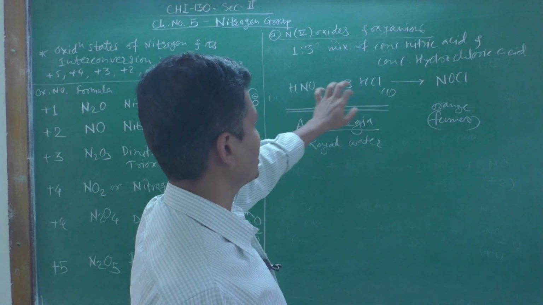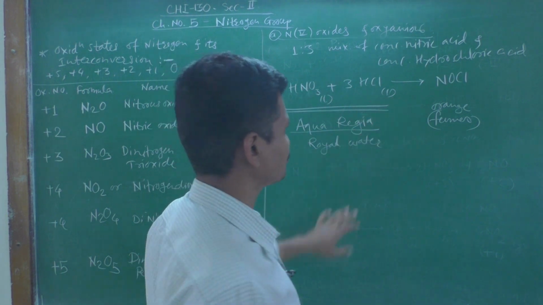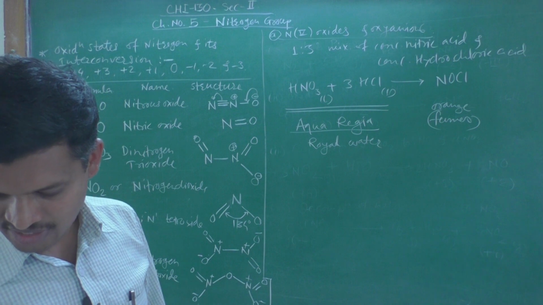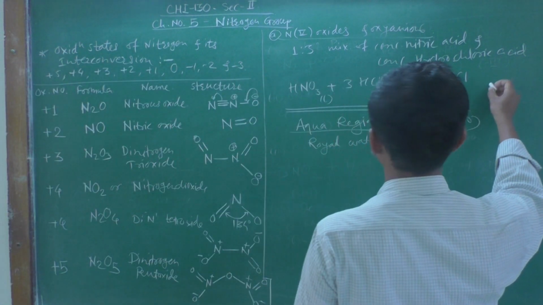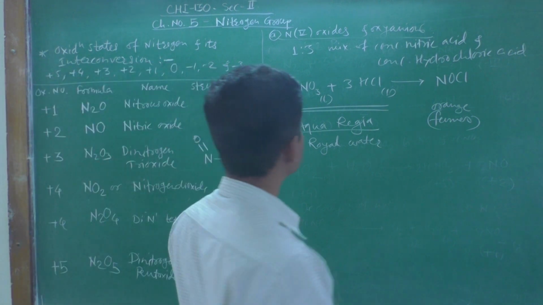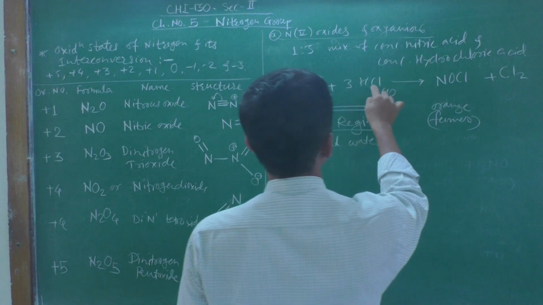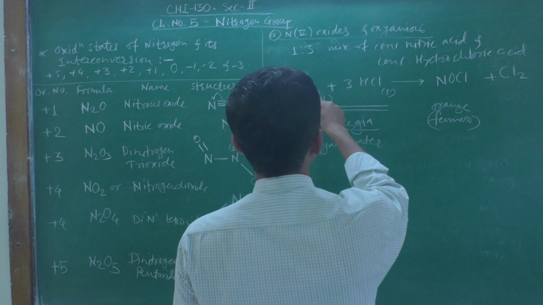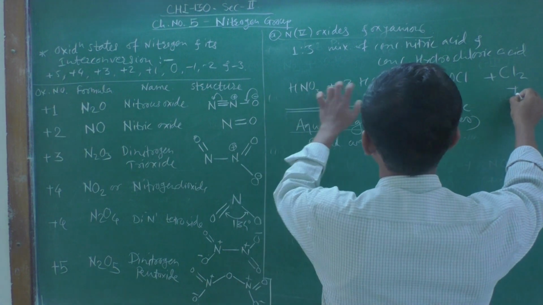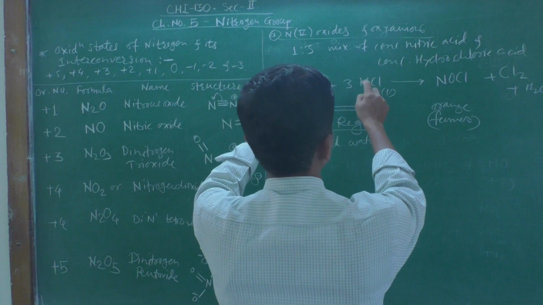So, concentrated HNO3 and HCl acids in 1:3 proportion form nitrosyl chloride, and the balanced reaction has a formation of Cl2 gas, NO and water, H2O.